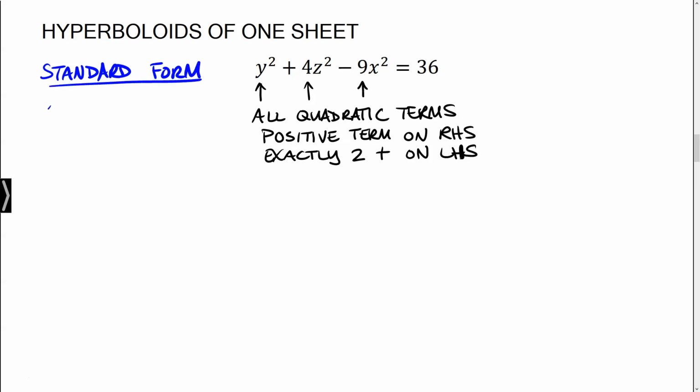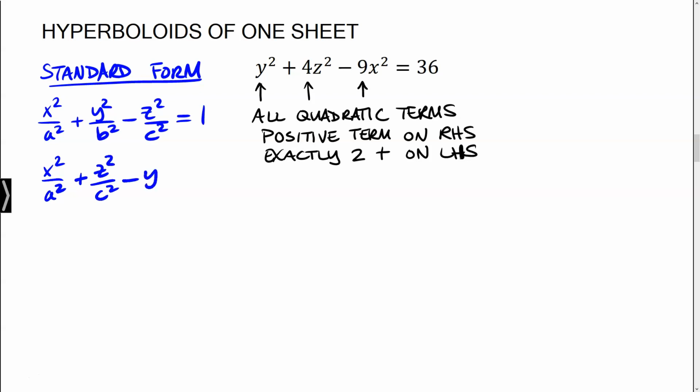So standard form is either going to be x squared over a squared plus y squared over b squared minus z squared over c squared equals 1, or maybe it's the y squared that's negative, or maybe it's the x squared. Okay, so one of these 3. In this case, we've got the last one here.